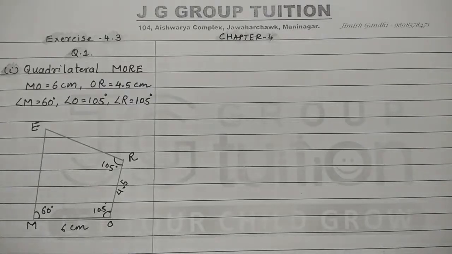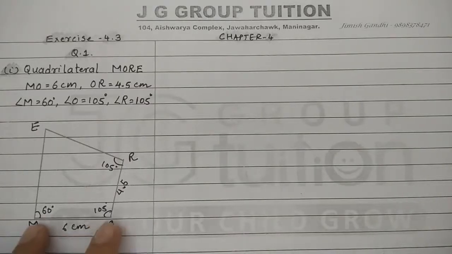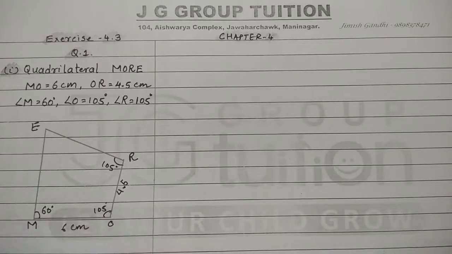Now the basic part is from where we have to start the construction. When you construct the rough diagram, we should start with the side where the angles are given. We will first construct the side whose base angles are given.